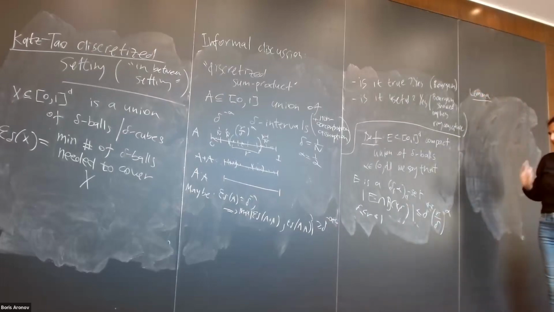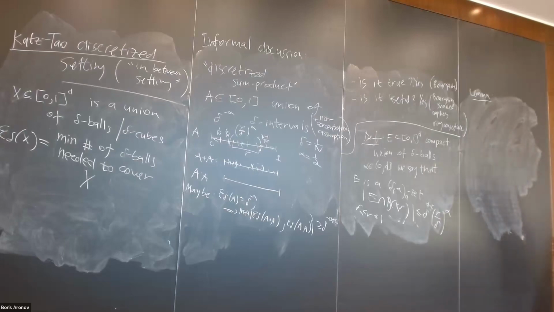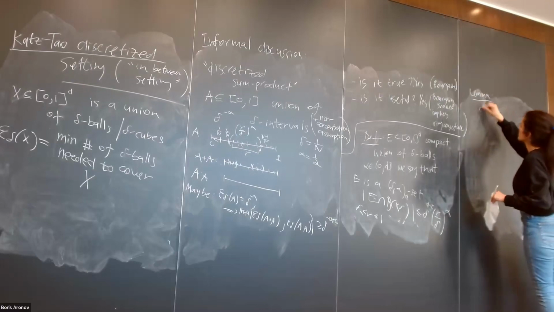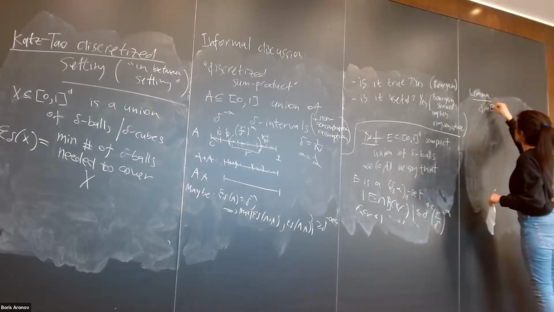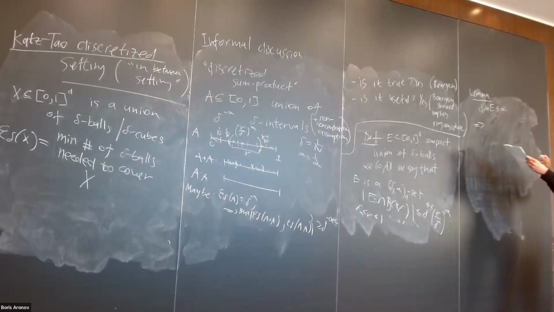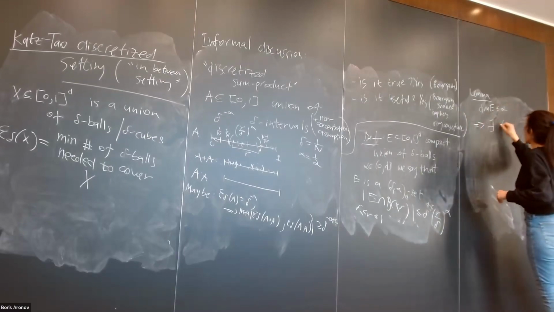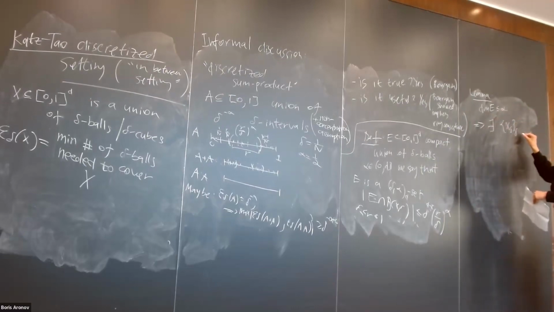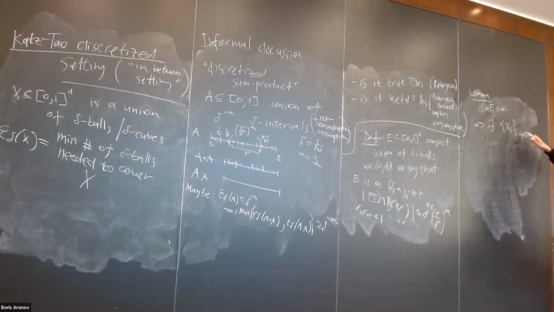Okay. So what Katz and Tao showed, how did they connect it to the Hausdorff dimension? They showed that if we have such a set E of Hausdorff dimension alpha, then there exists a family of sets X_delta for every dyadic delta. They actually showed something stronger: we don't need to go through all the dyadic, we could take delta to be lacunary.